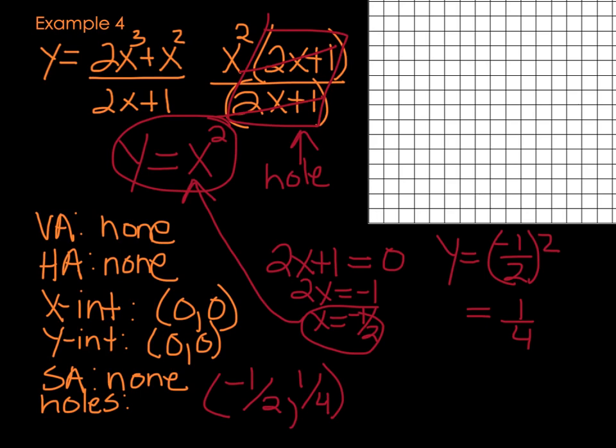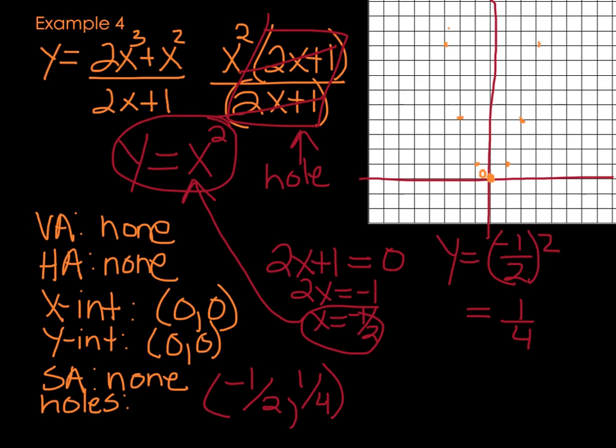It's a point. And you're going to mark that on the graph with an open circle. So at negative 1/2, well here, let me draw some axes. And at (-1/2, 1/4), I'm just going to be a little bitty right here. I'm going to draw an open circle. And then we know our x and y intercepts is (0, 0). And we know this is y equals x squared. It's a parabola: (1, 1), (2, 4), (3, 9), and so on.